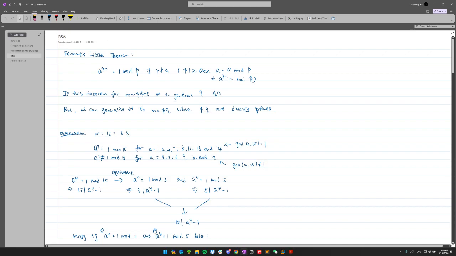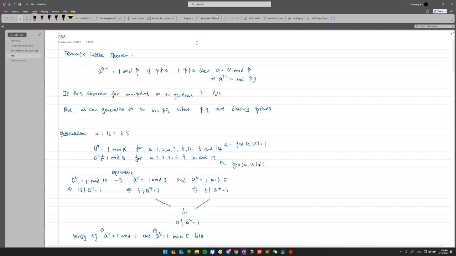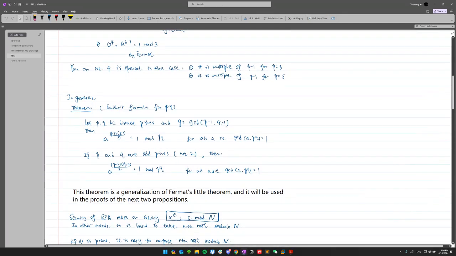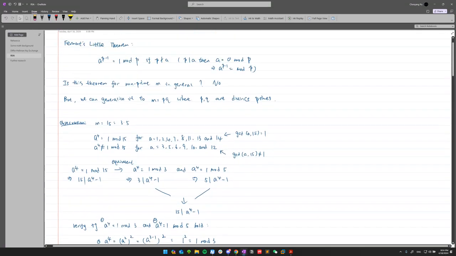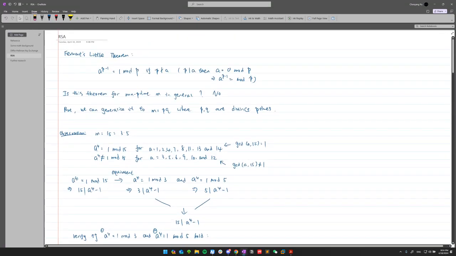Wow, this one is pretty long. Okay, so a little bit of background. Recall that we just talked about Fermat's little theorem. It says for any prime p, you have a to the p minus 1 power equals 1 mod p.